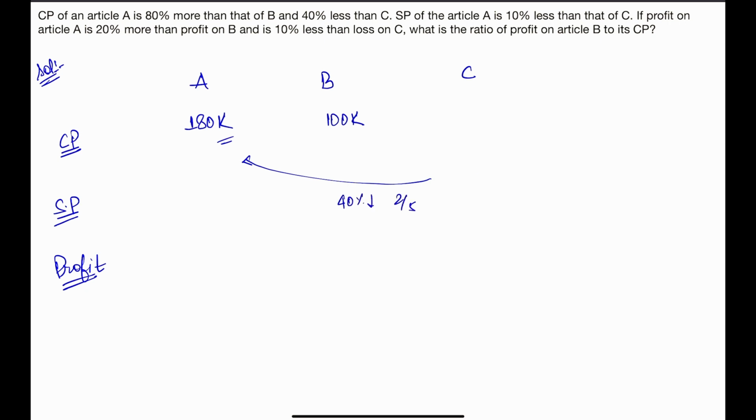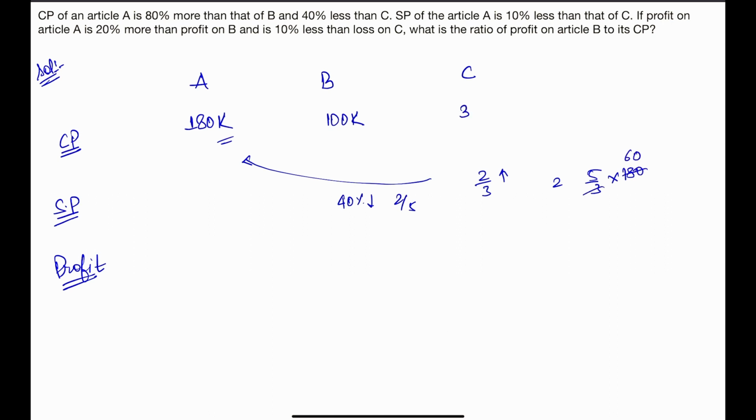So how much more? 7 by 5 or 2 by 3 more, right? No, of course 2 by 3 more. So multiplying factor 5 by 3, 5 by 3 into 180, it will be 300k.